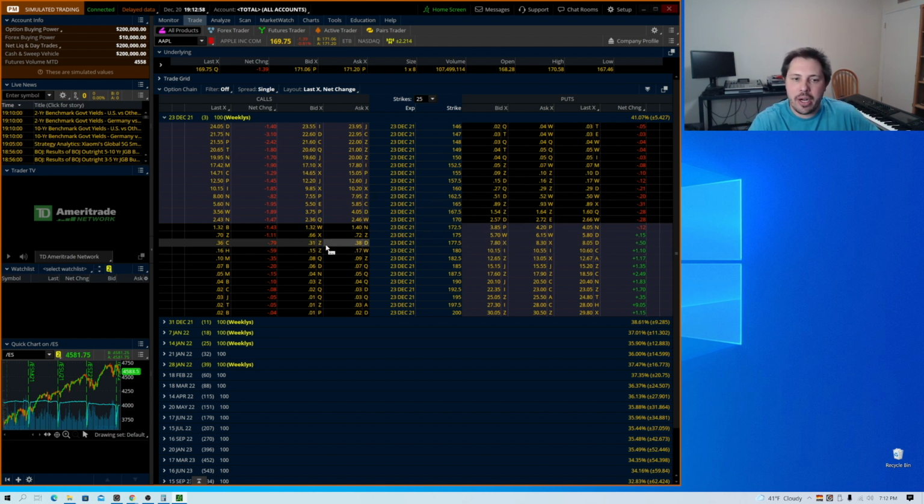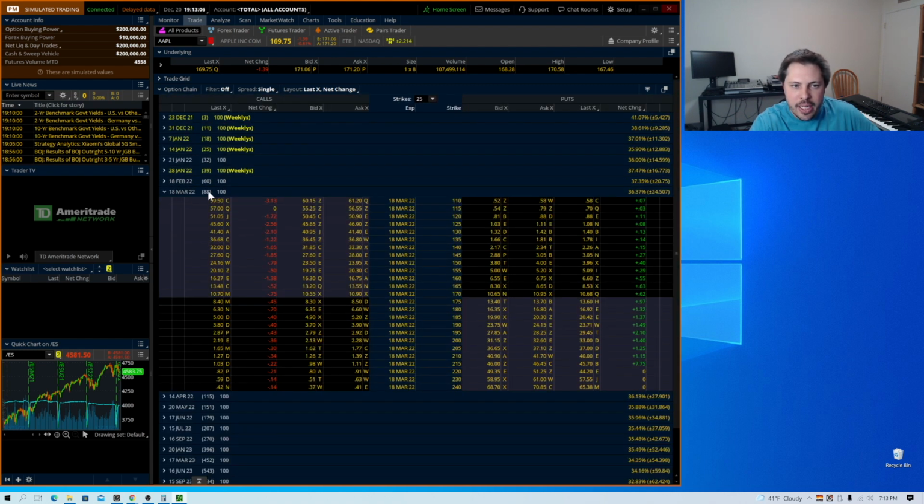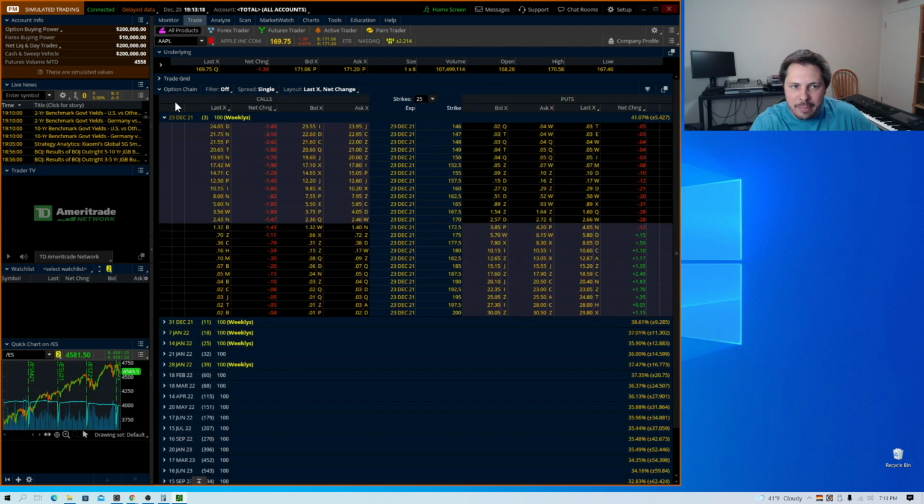Well, think about it. If we look at these options and their prices compared to options with more time, we can see that these have 88 days until expiration, and the out of the money options here have much higher prices compared to the options that just have 3 days left, where there's actually no premium.